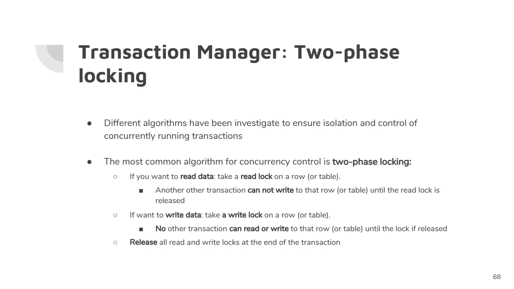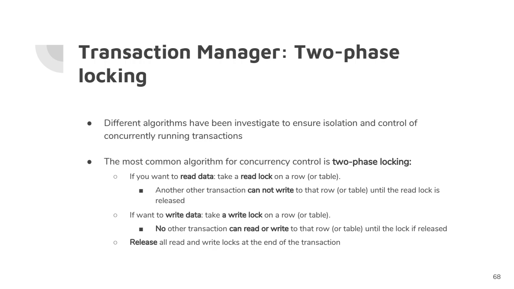If two people both want to check the balance of a certain account, they should be allowed to, because they don't interfere with each other. But the second type of lock is a write lock, and there it's important. When you start writing to a certain row, other transactions have to wait until the lock is released.